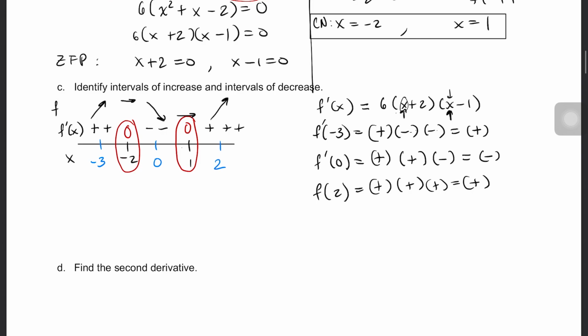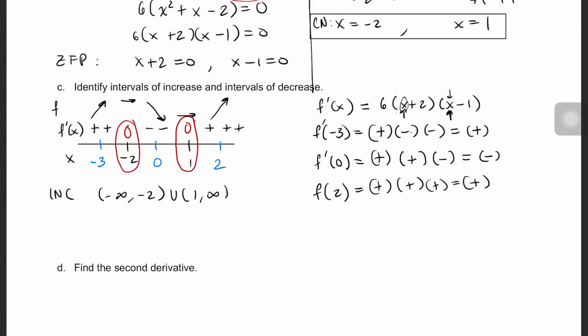So if the question is to find the interval for which the function is increasing or decreasing, we're going to say that it's increasing between negative infinity all the way to -2, and then from 1 to positive infinity.